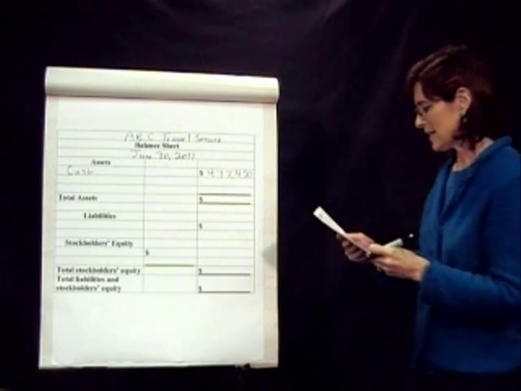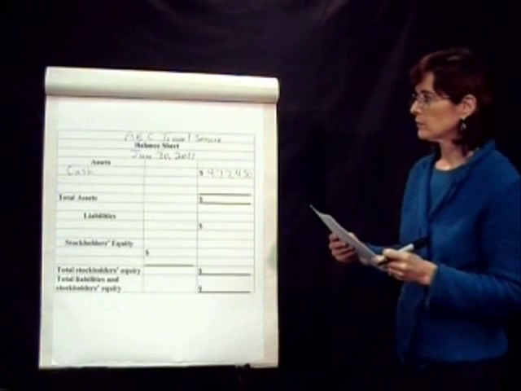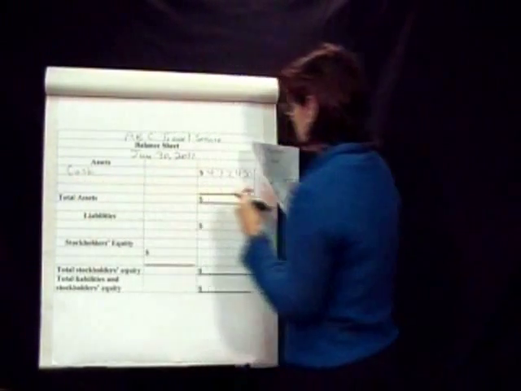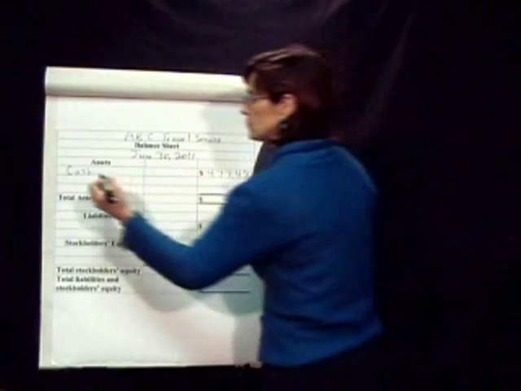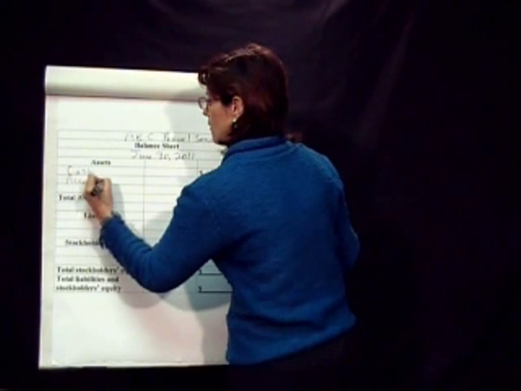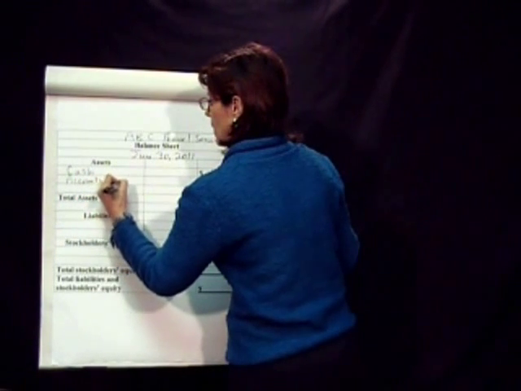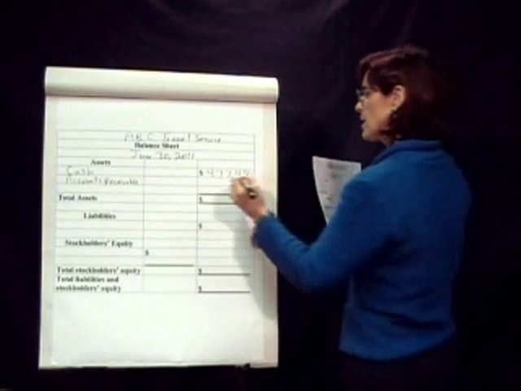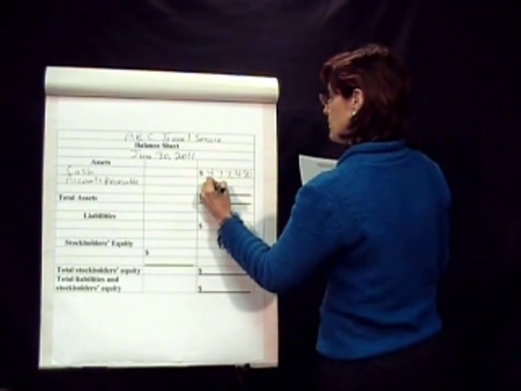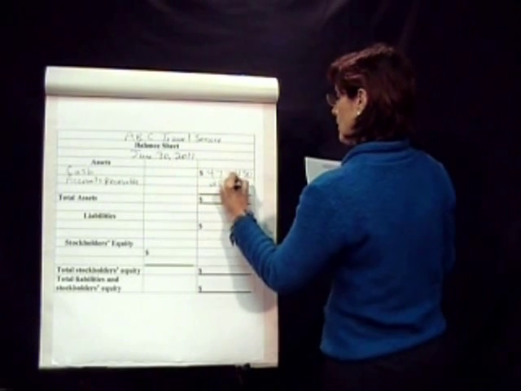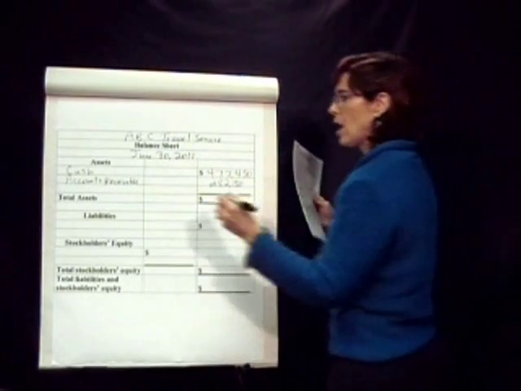All right, what other assets do we have? I see a couple other things that we've labeled as assets earlier. We have accounts receivable of $282,150. And we also have supplies.